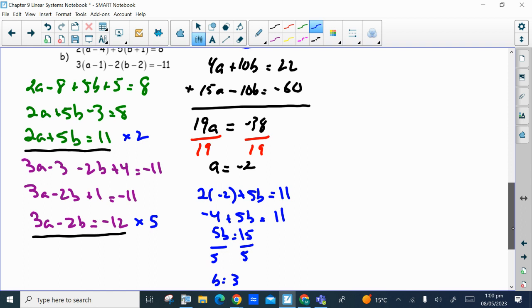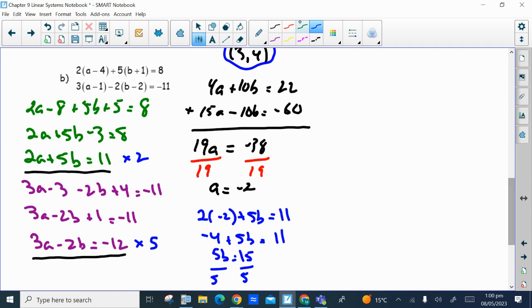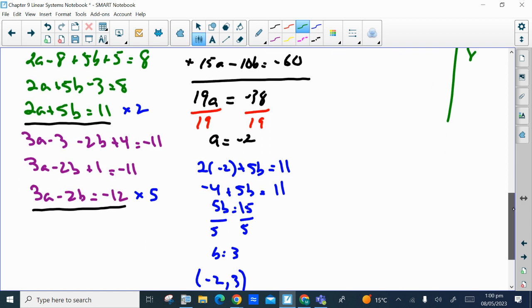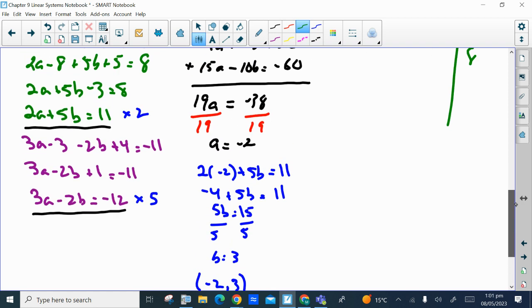That's what we need to use in our check. And again, when you check, you should always use the original equation. So a is negative 2.